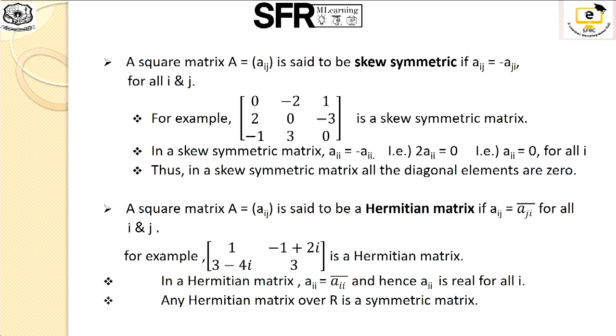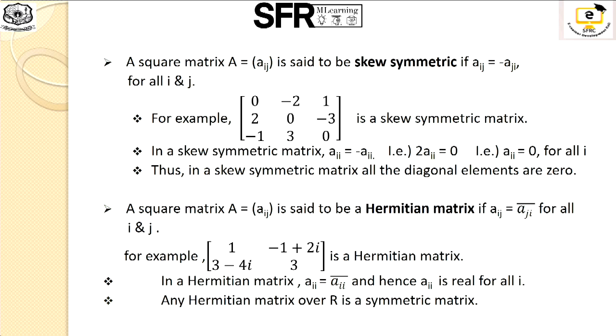It will become the A21 the whole bar. Therefore, the conjugate of the entry minus 1 plus 2i is changed into another element, Aij equal to Aji the whole bar. Therefore, 3 minus 4i. The value will be a Hermitian matrix.